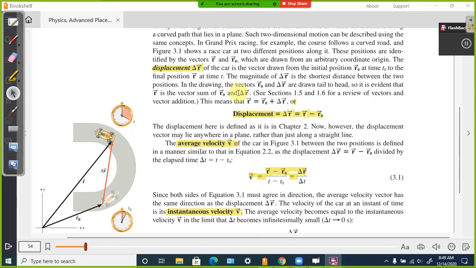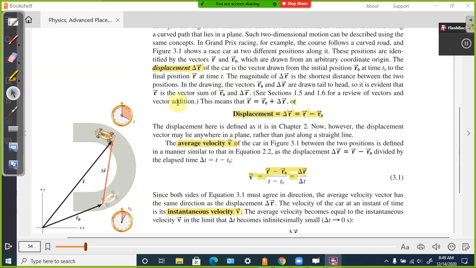That's completely different than distance, because obviously with distance you have the whole way up, and then all the way back you have to add that to it, and that would give you your total distance. So that's just showing you the difference between displacement and distance.